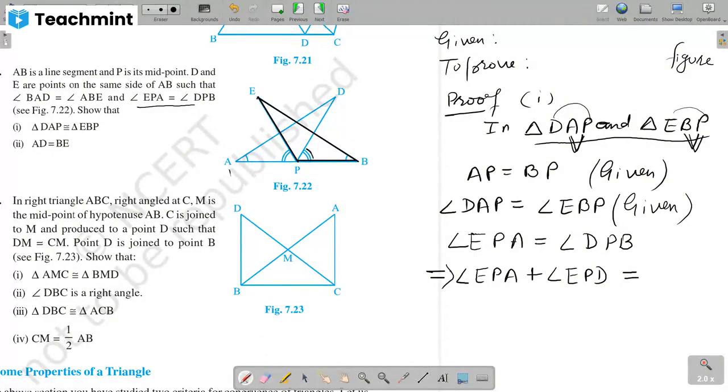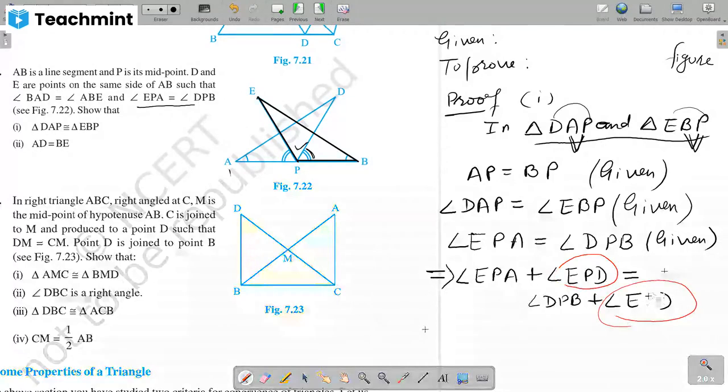You will observe that again this part is missing, so we'll add it here also. So we will write DPB plus EPD. This is given in the equation, and this EPD angle we have added to both sides of the equation. Up to here, does anybody have any doubt?